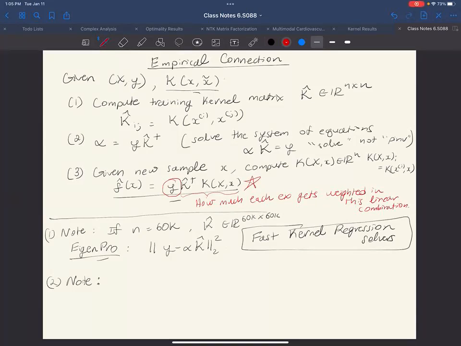So I wouldn't say this is complete interpretability, but it's a step up from what you would get with neural networks. I can at least tell you why a kernel regression model made this prediction, and I can tell you which examples in particular were weighted very heavily in this prediction. And this is quite a nice aspect. It gives some reasonable level of interpretability to say, okay, I know now that my model is doing this because maybe there's an example that's close by in this space that has a similar label.